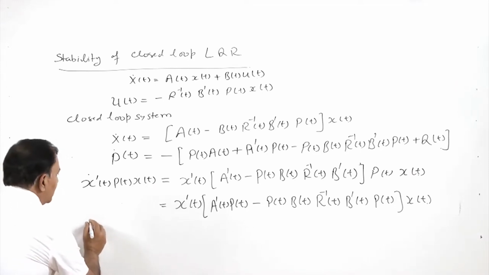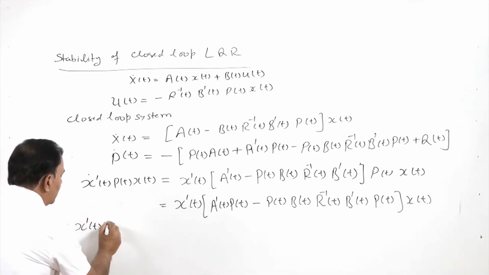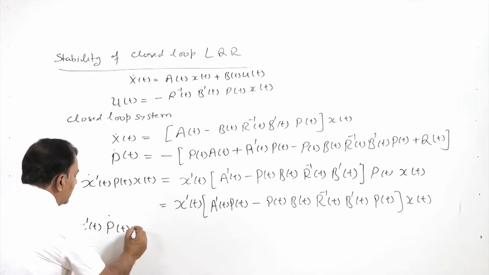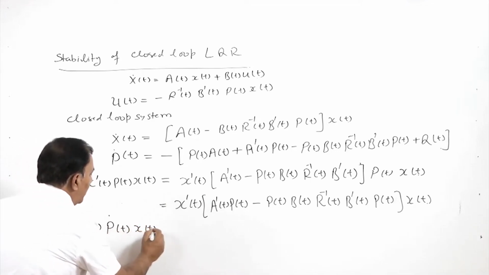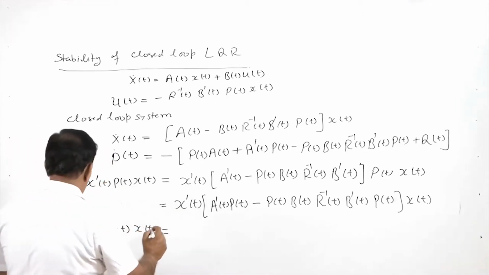My next term was x transpose p dot of t and xt. So, here I will place the value of the p dot.